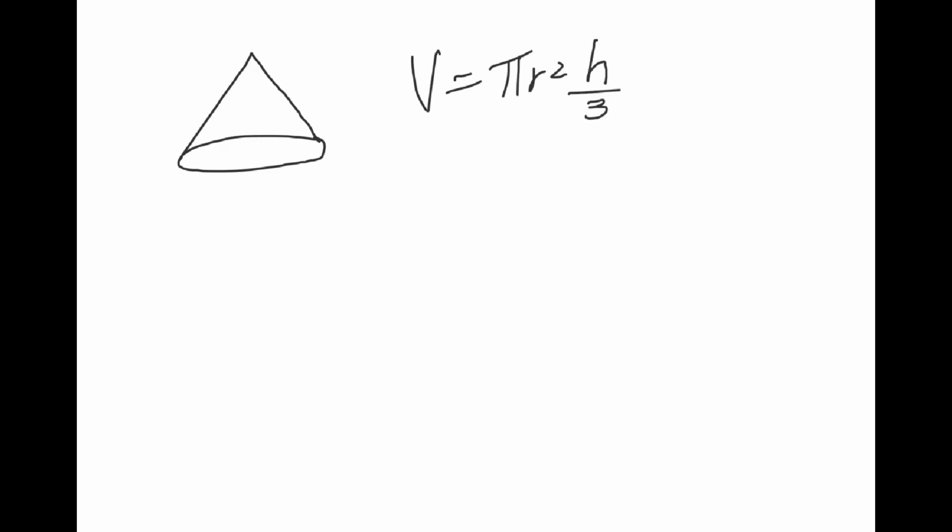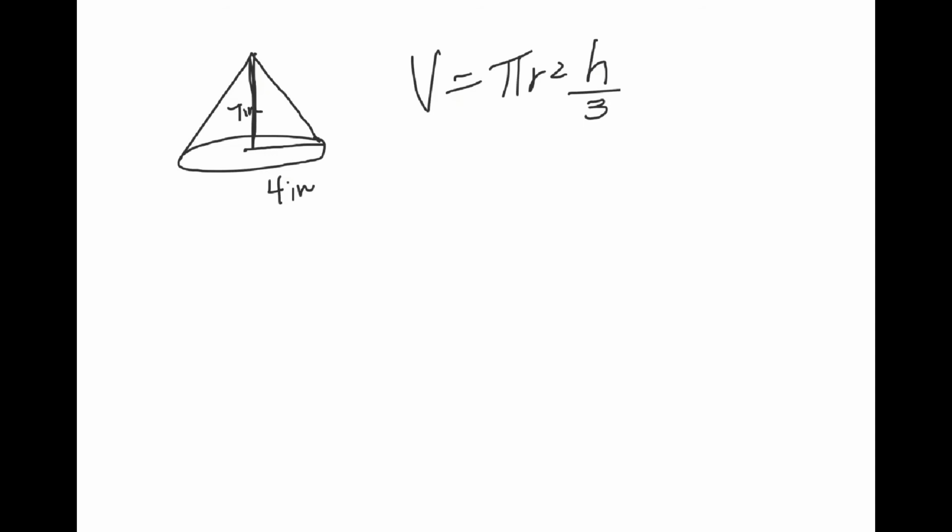Okay, so it's almost the same thing as a cylinder, except we divide the height by 3. So here, this is the center of the circle. It'll give us the radius. Let's say the radius is 4. And the height will be here, from the center of the circle to the very top. And let's say this one is 7. Let's do inches with this one.